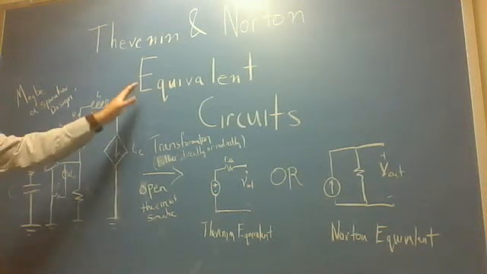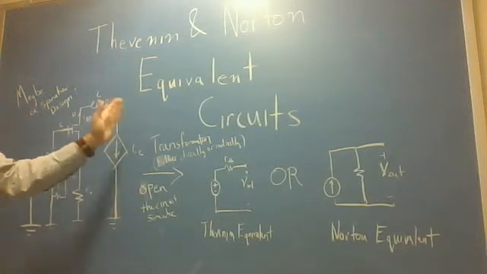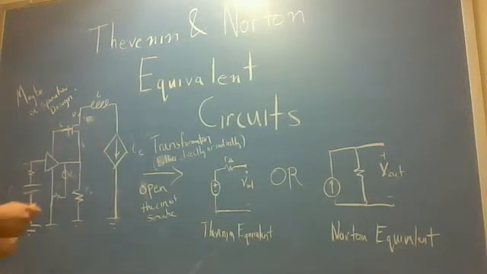So in that case, you would use the Thevenin and Norton equivalent techniques to help you figure out what that is, because you don't really care about the other voltages.